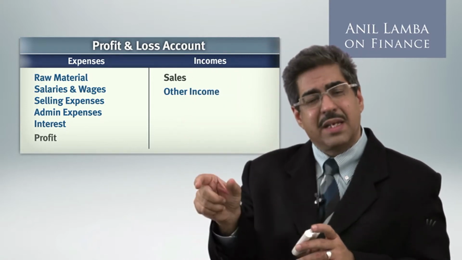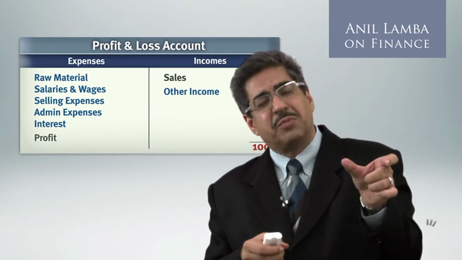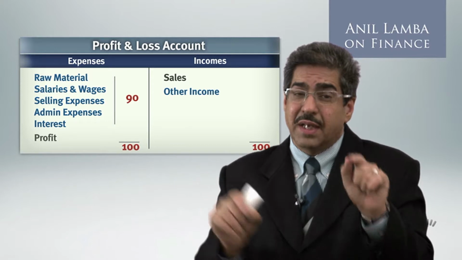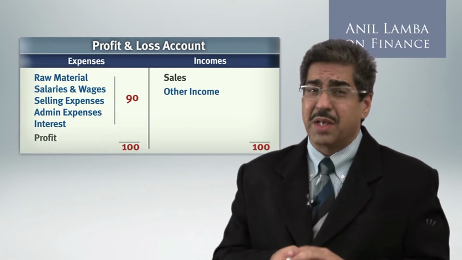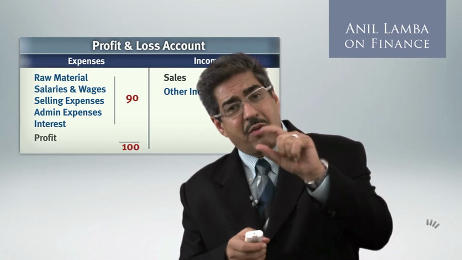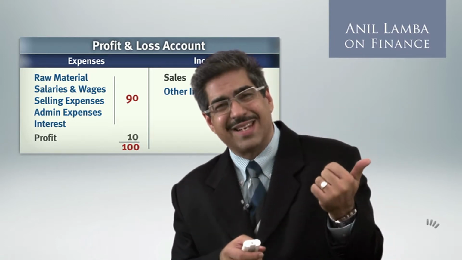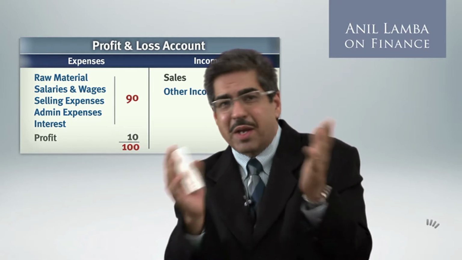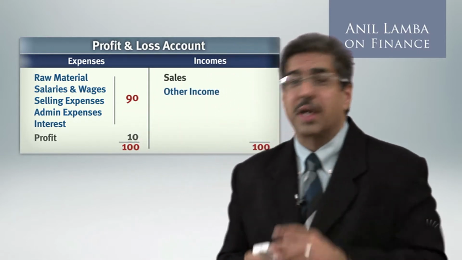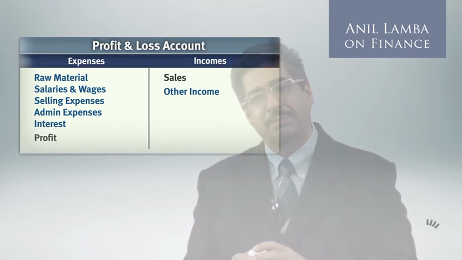Only when, let's say, the income side total is 100 and the expenses side is 90. So you'll write 100 on both sides. And therefore, when an organization makes profits, necessarily by way of presentation, the figure of profit must appear on the expenses side. Conversely, if you make losses, the figure appears on the income side. It can confuse non-accountants sometimes.